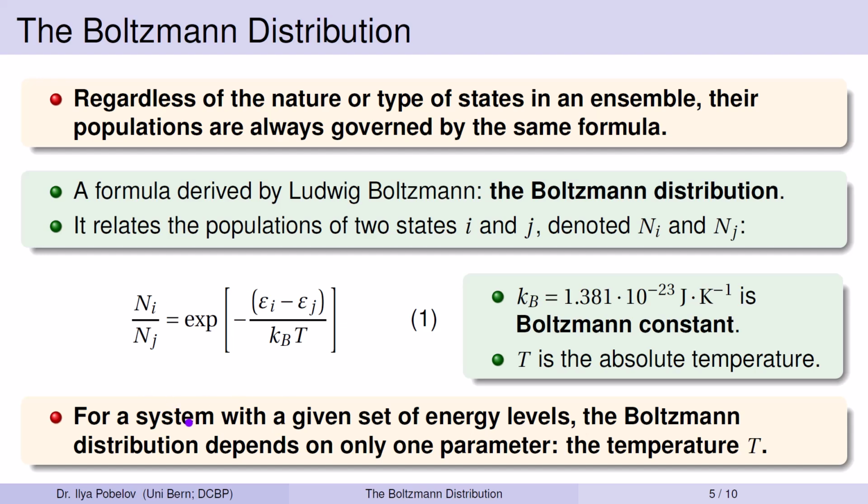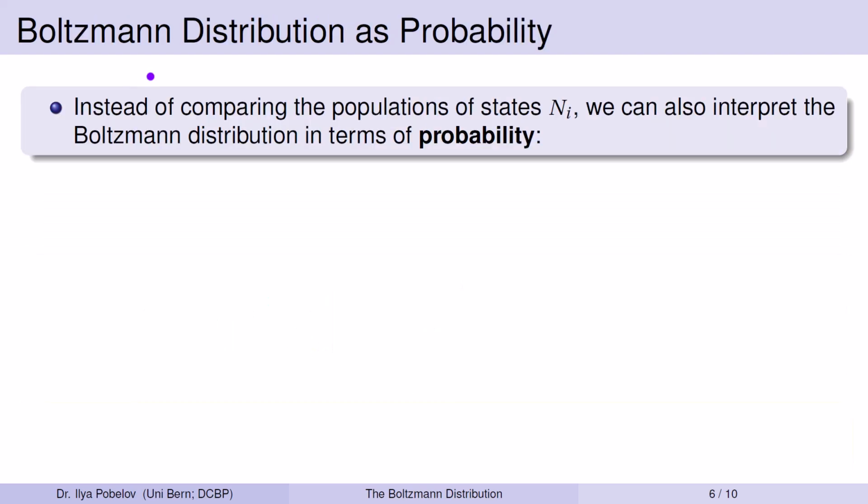Remarkably, for a system with a given set of energy levels, this distribution depends on only one parameter, the temperature T. Instead of comparing the populations of states, we can also interpret the Boltzmann distribution in terms of probability.